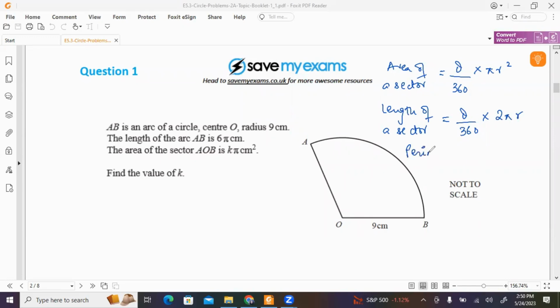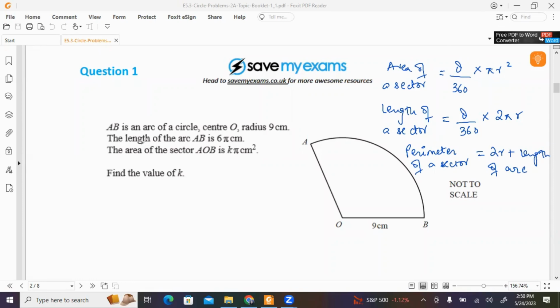Then perimeter of the sector is 2r plus the length part. So these are the formulas that we focus on.